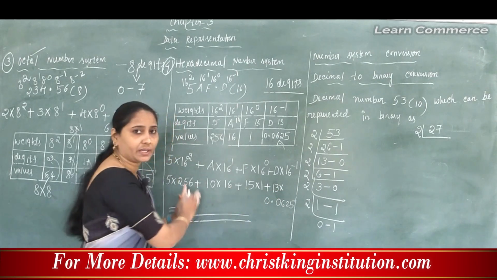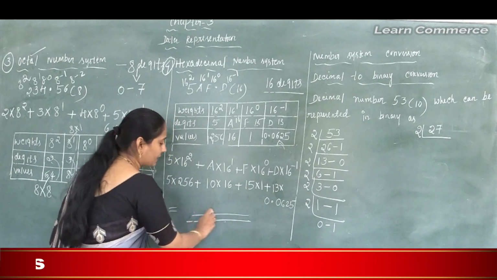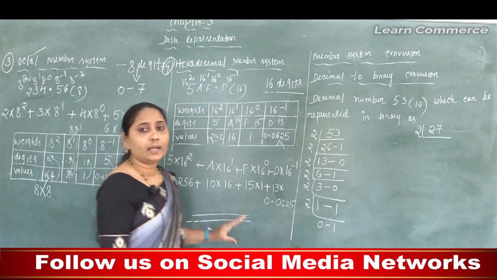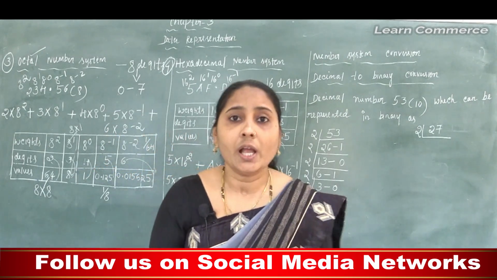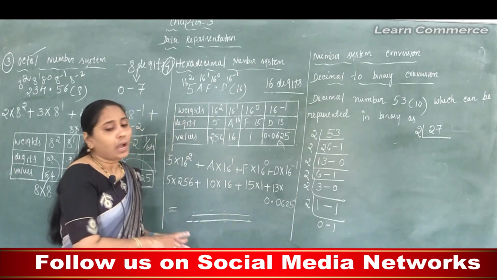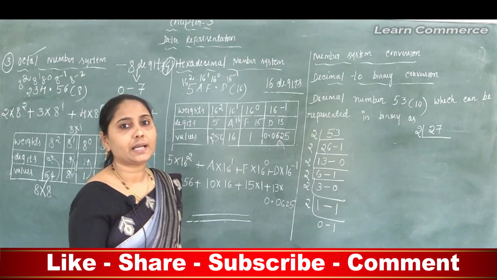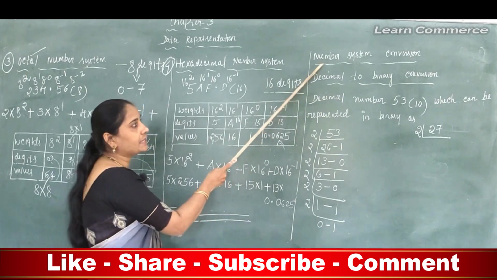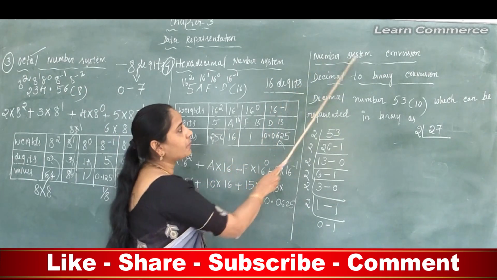Later you have to add these values, and lastly it is called the final answer. So clear this point. This is about our hexadecimal number system. Now after completing it, the next thing is number system conversion.